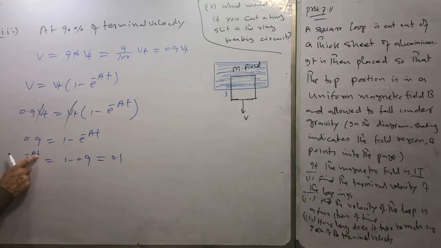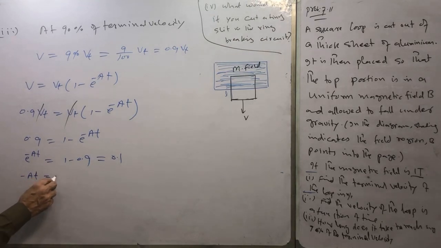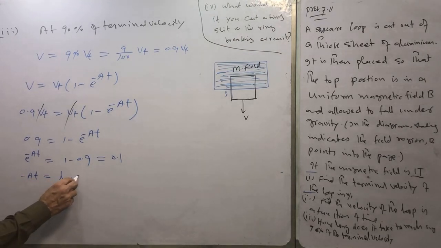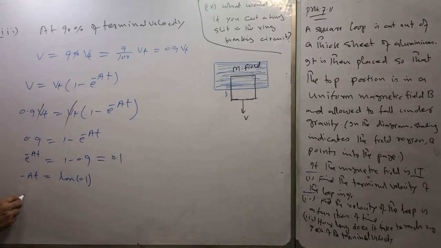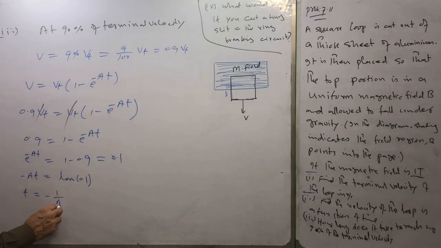We need t. Then how can we find t? Then take the log of this. If we take the log, then minus a t is equal to log of 0.1, and t is equal to minus 1 over a, log of 0.1.